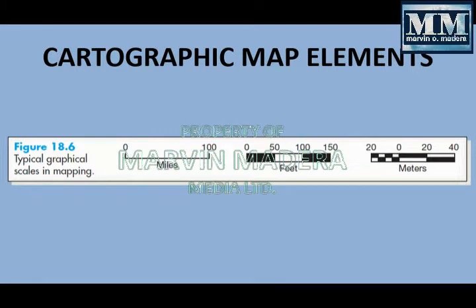Meaning for this first drawing, we have here 0 to 100 miles. So 100 miles should be the same length represented in the legend, and it is transferred to the map. So it will give the user the distance found in the map.